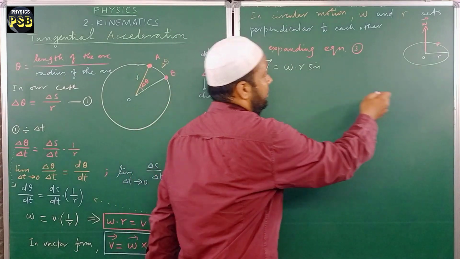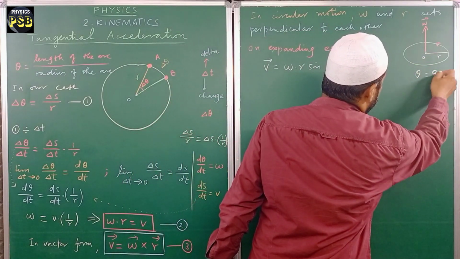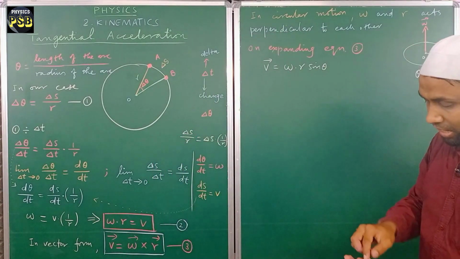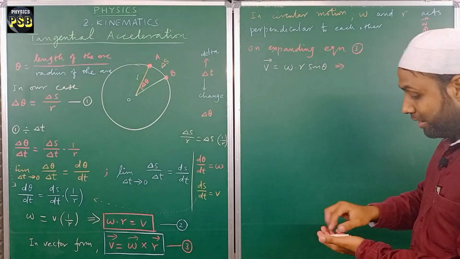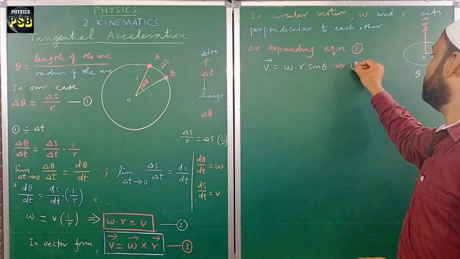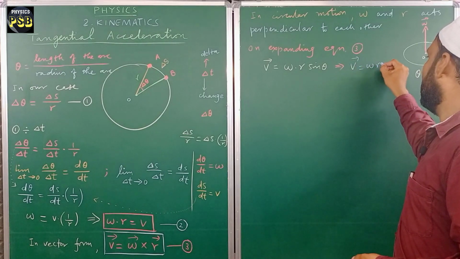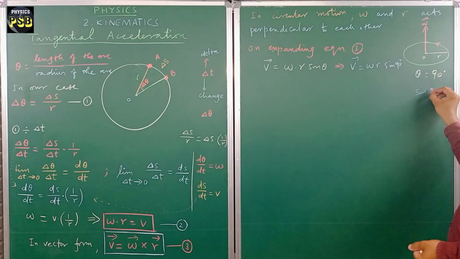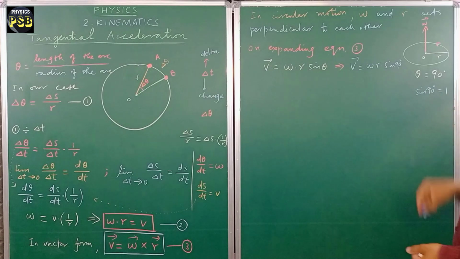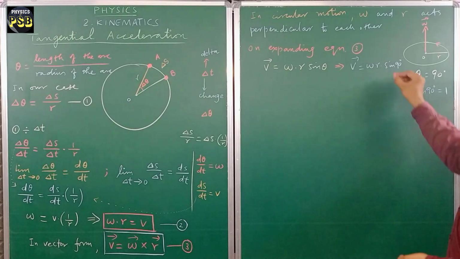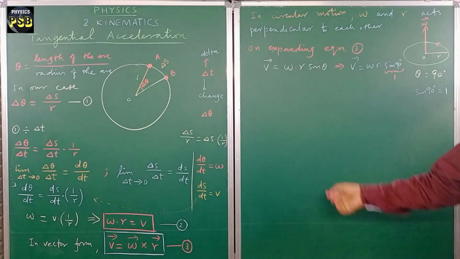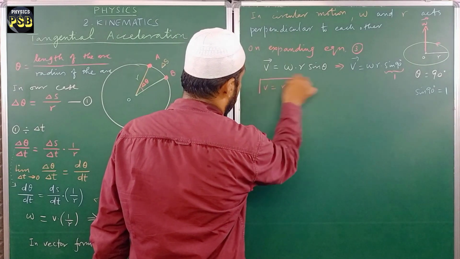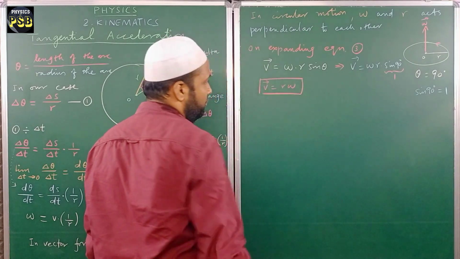Here the angle is 90 degrees, so in the place of theta I write 90 degrees. So v is equal to omega r sine 90. What is sine of 90? Sine of 90 is equal to 1. So in the place of sine of 90, I write 1. So obviously I get v equals r omega.